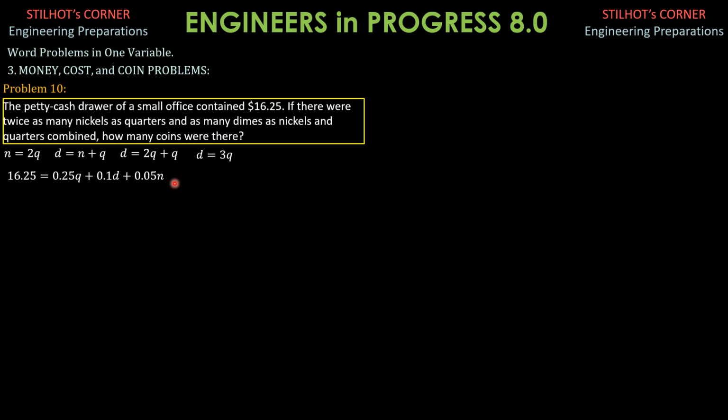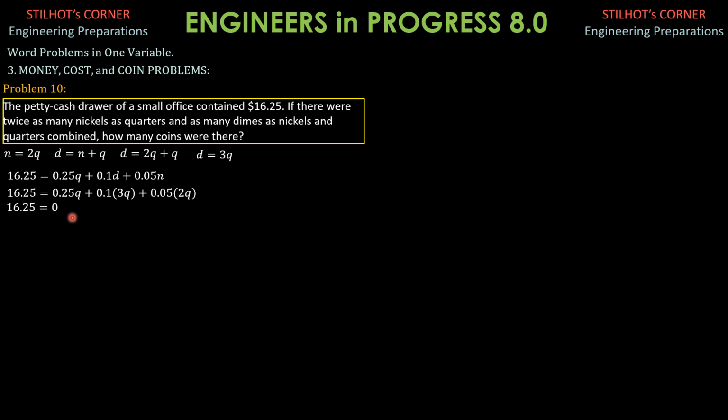So the number of nickels is 2 times q, the number of dimes is 3q. So substitute: 16.25 equals 0.25 of q plus 0.1 of 3q plus 0.05 of 2q.